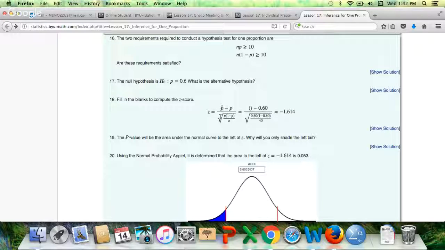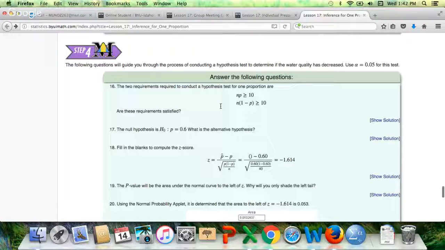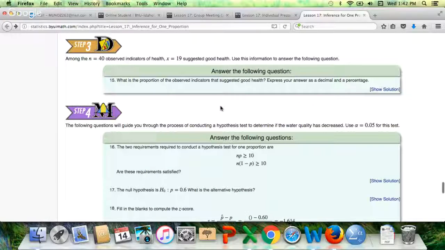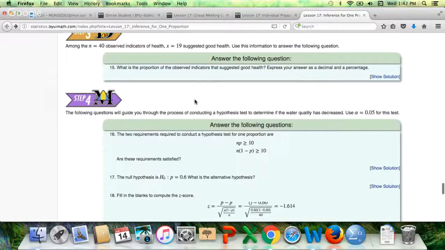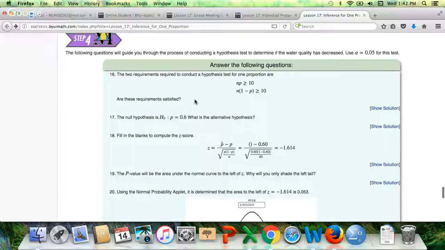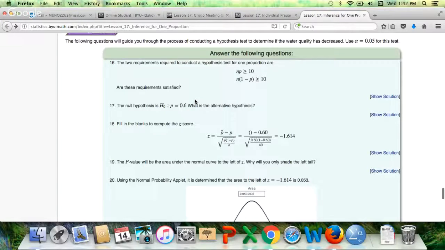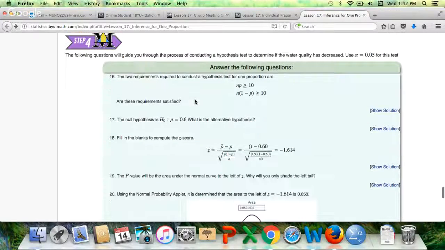Okay, so let's see. 19 over 40. How did they get 19? Well, because that's their X. Is that their X? Okay. So that's 0.475. They got the Z because they did P-hat minus P. How come their P with the hat equals 0? I know, they don't put anything in there, huh? Because it should be equal to 0.475, huh?